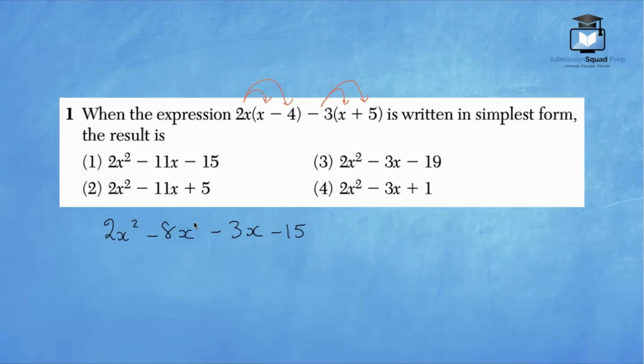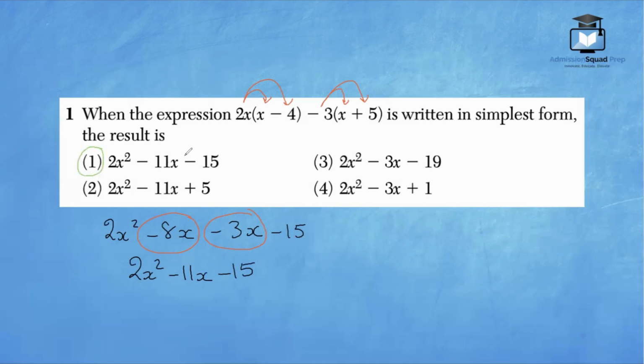Now we will combine like terms. Negative 8x and negative 3x are both like terms. So our final answer here will be 2x squared minus 11x minus 15. And that looks like answer choice 1.